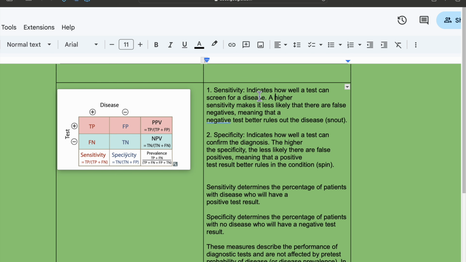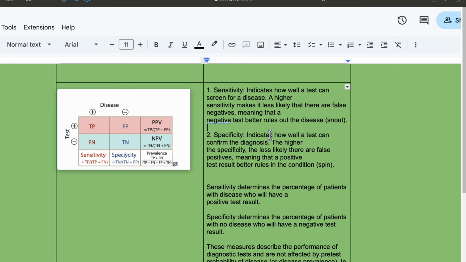A higher sensitivity makes it less likely that there are false negatives, meaning that a negative test better rules out the disease. Okay, so SNOUT was the mnemonic for that. Sensitive test that's negative rules out the disease.